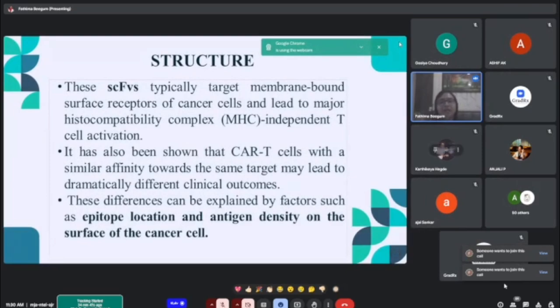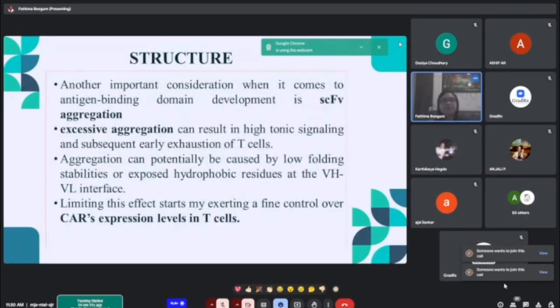Depending on that, the CAR action will be produced. Then scFv aggregation we need to take into account, because excessive aggregation can sometimes cause problems in the expression of CARs in T cells. The CARs have to be expressed in the T cells, and that also will be affected by this excessive aggregation.